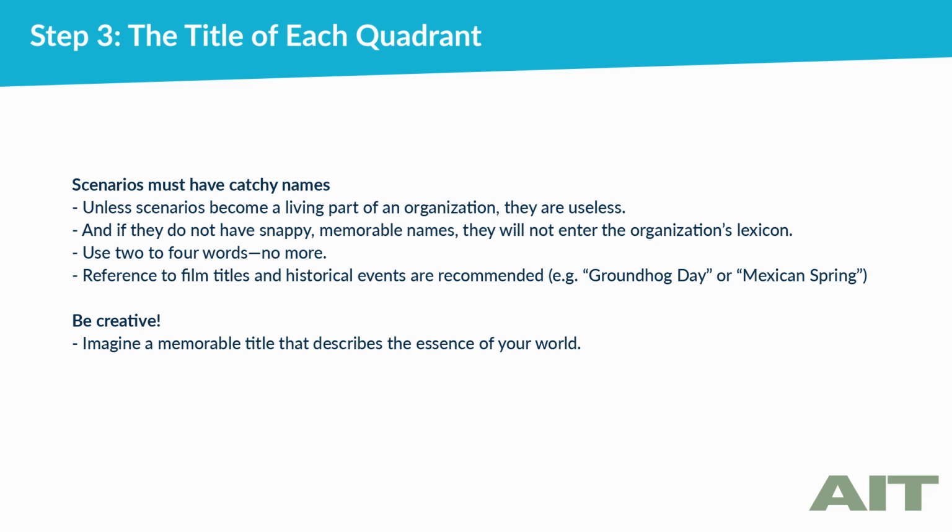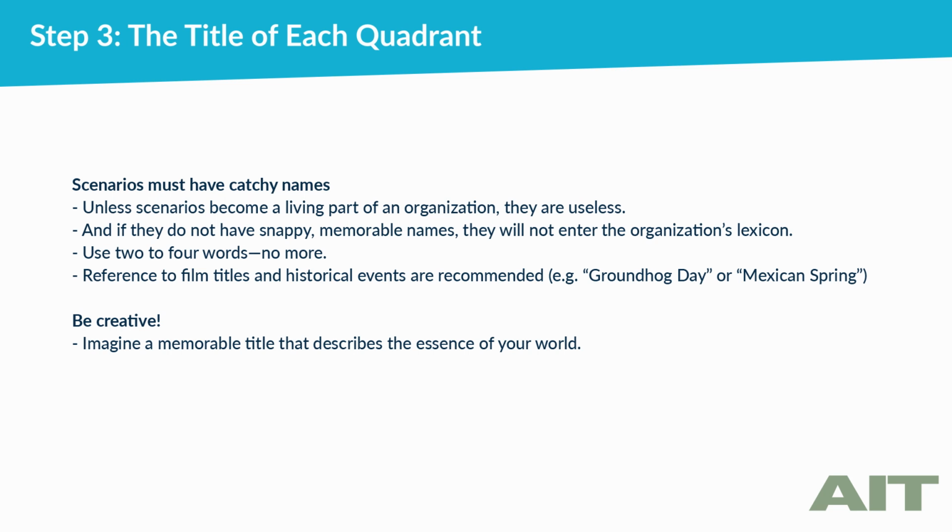Scenarios must have catchy names, otherwise they get forgotten. So make sure they're snappy, memorable, and might be remembered within that organization. So it needs to be relevant to that industry as well.